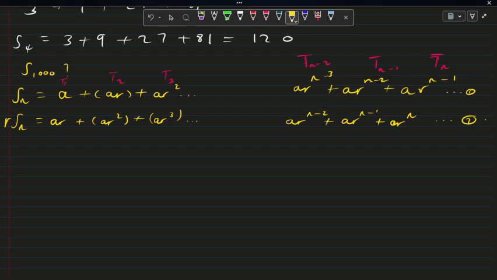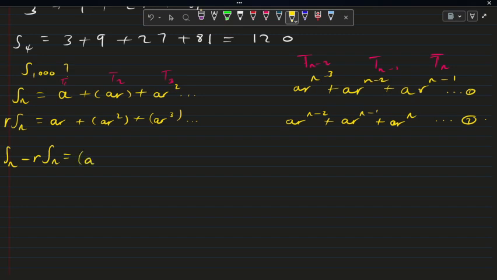Now we want to subtract equation 2 from equation 1, so we will say Sn minus rSn.